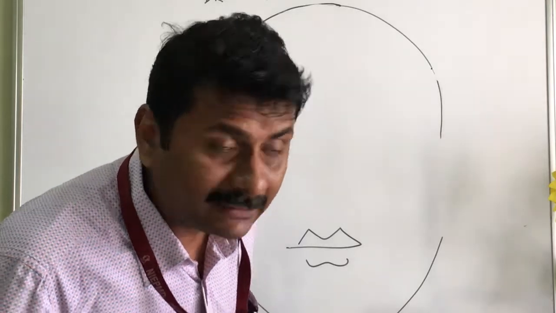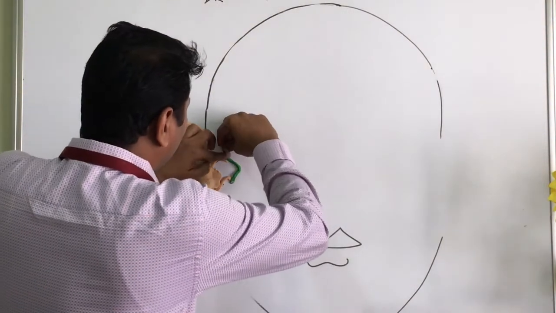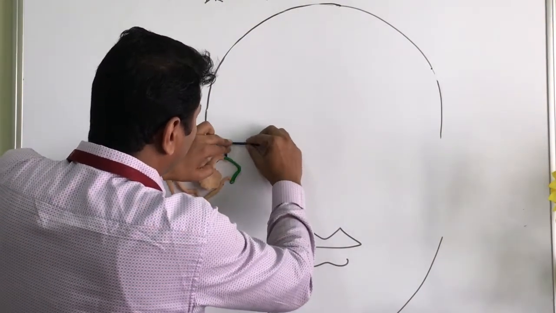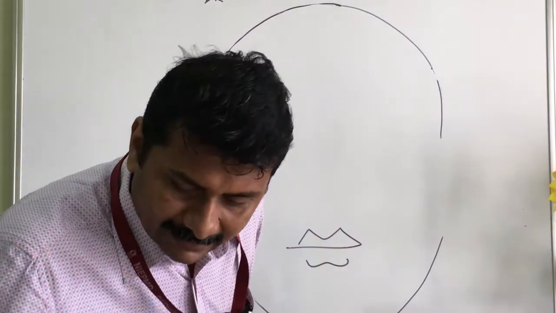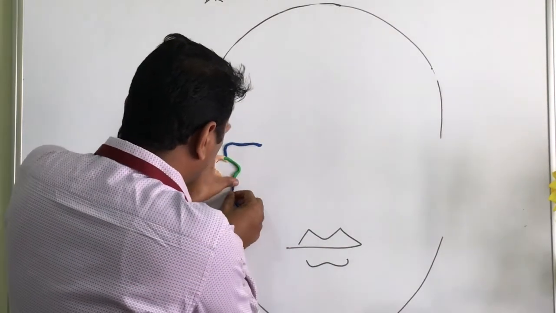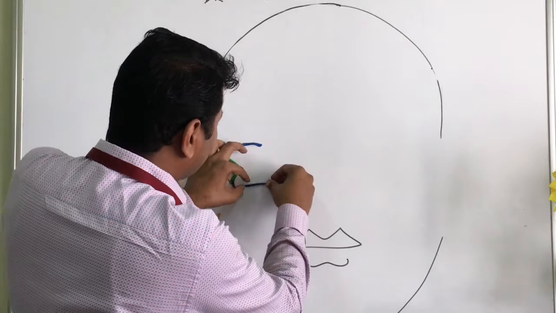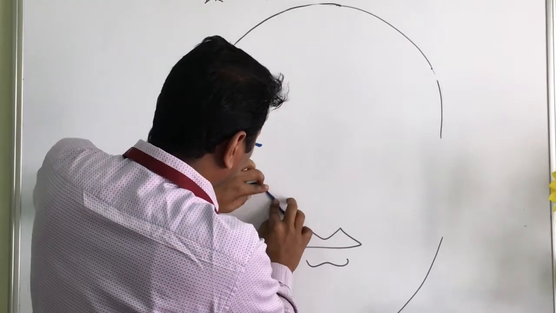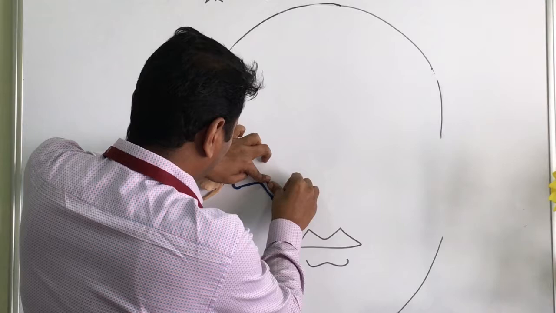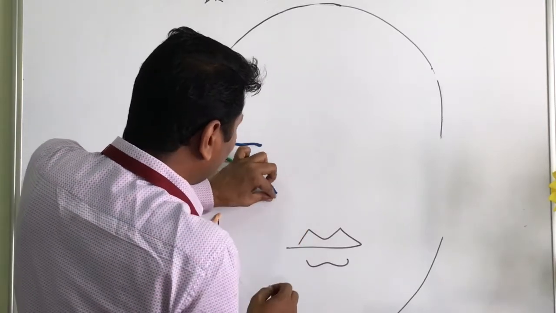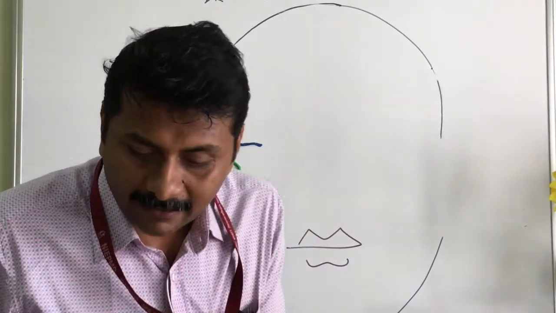So we'll make the middle ear cavity first. The middle ear cavity is a 6-walled cavity. It consists of 3 bones, malleus, incus and stapes. It has the eustachian tube, which connects the middle ear to the pharynx.